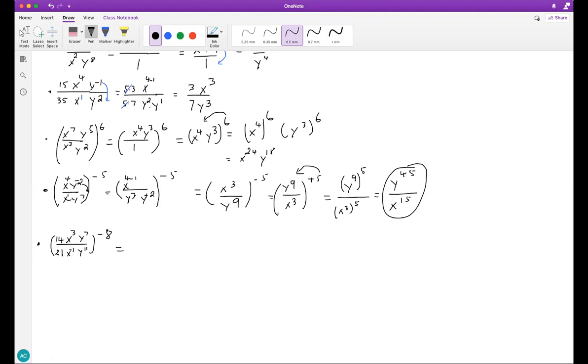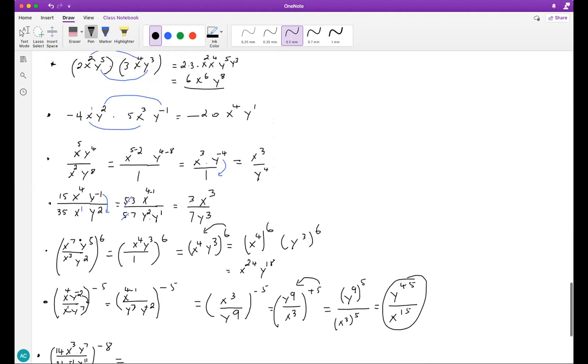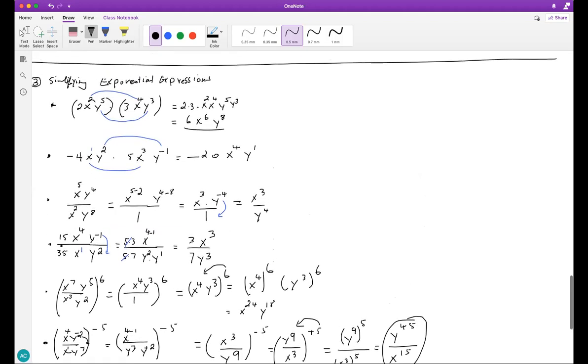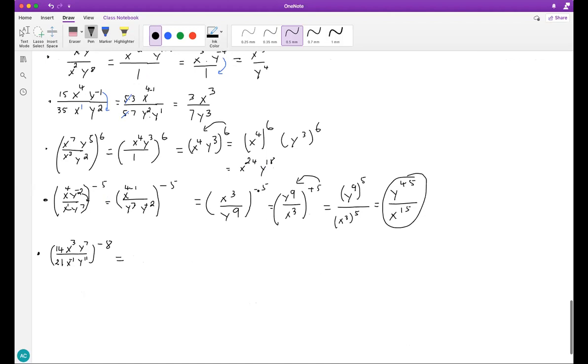Once you're done inside, it's pretty simple to deal with the outside. If that power is negative, we're going to flip it and make it positive, the same thing as we did before. So forget about the outside power, just write it there.